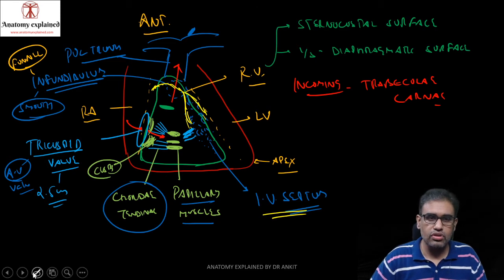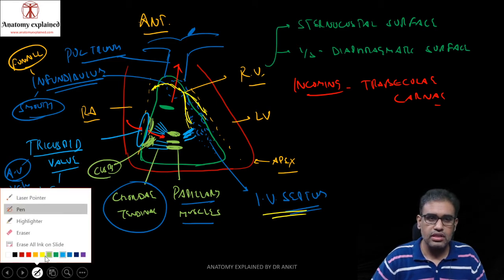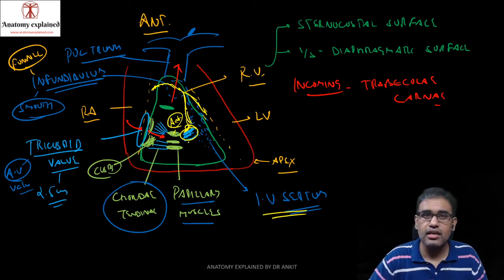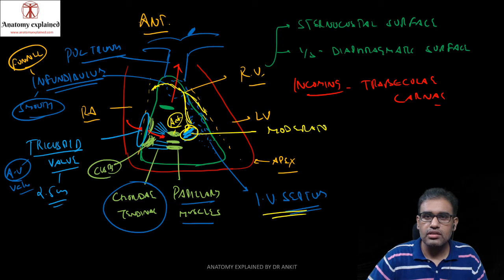Suppose this is your anterior papillary muscle, and these few groups carrying the right branch of the AV bundle are known as your moderator band.